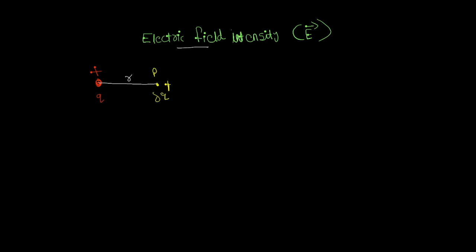Then this delta Q experiences a force due to charge Q, because it is placed in the electric field of Q. That force is the electric field intensity. That is the definition of electric field intensity.